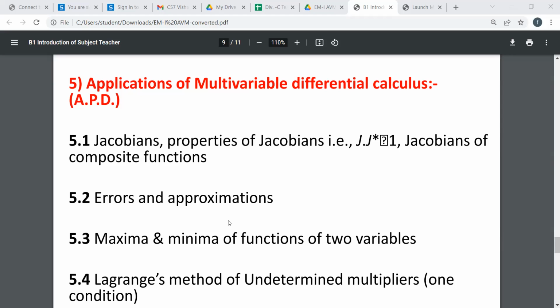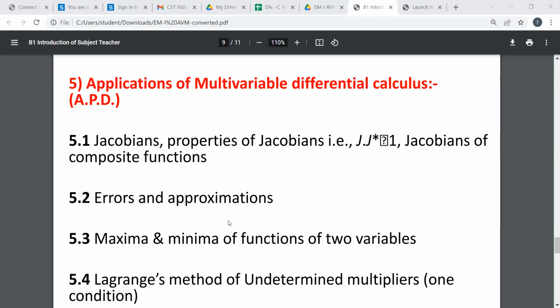So here, Jacobian is the name of the mathematician who invented that particular formula. We are going to find out by using the property that J into J dash is equal to 1, and the Jacobian of composite function. What is a composite function? Already we have learned that in an earlier chapter. Errors and approximations, already we have studied in 12th standard, isn't it?